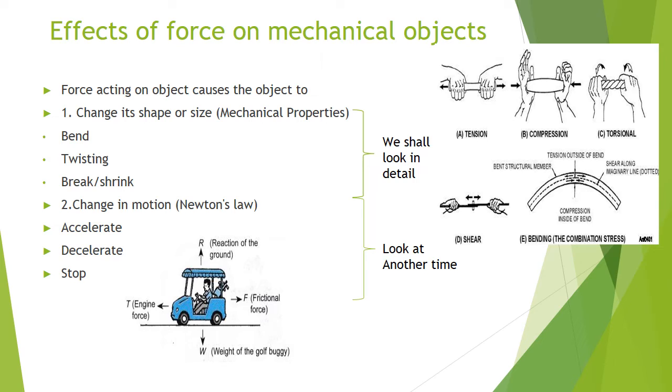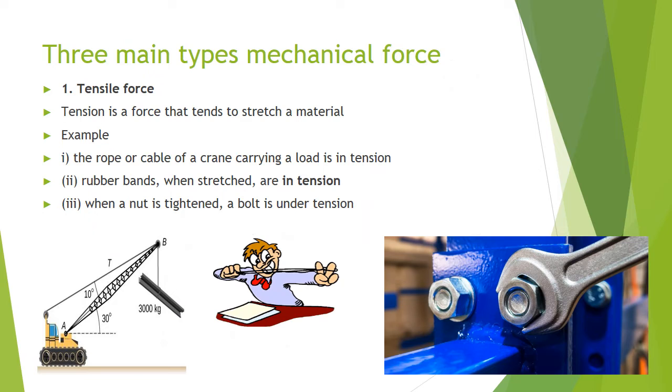It can make an object start moving or stop, accelerate, or even decelerate. But this time I want us to concentrate more on mechanical properties of an object, that is tension, compression, shear, and torsion forces. We shall start with the tensile force.